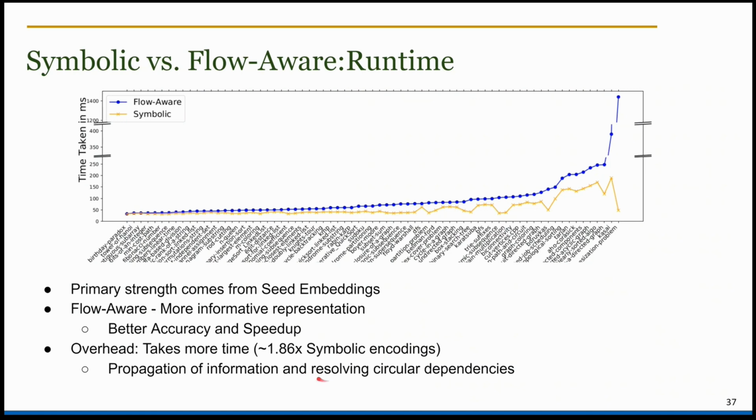At that time we observed more than 1.5 times the time taken by flow-aware representations in comparison to symbolic representations. Now we have optimized the code and the algorithm we use to derive the representations, so it should take less time now.